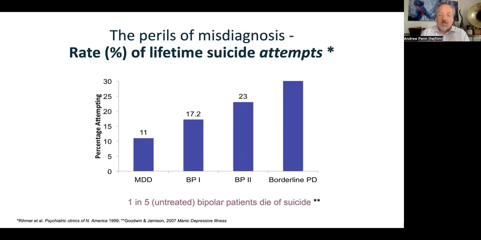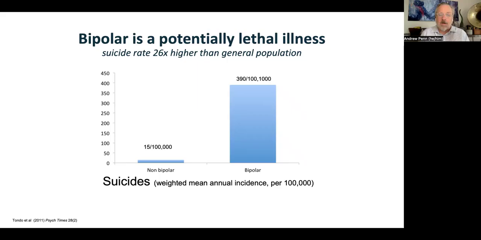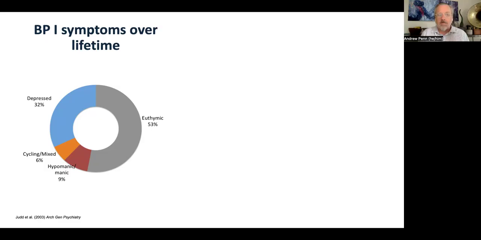So this is why it's important to get this diagnosis right. And you can see that the mortality rate for suicide is 26 times higher in patients with bipolar disorder compared to the general population. So this really underscores the need to get this diagnosis correct and to treat it appropriately.